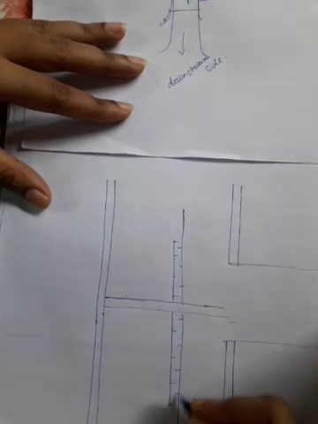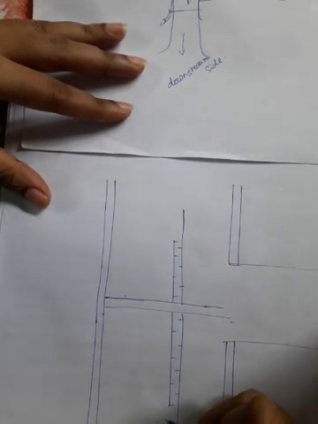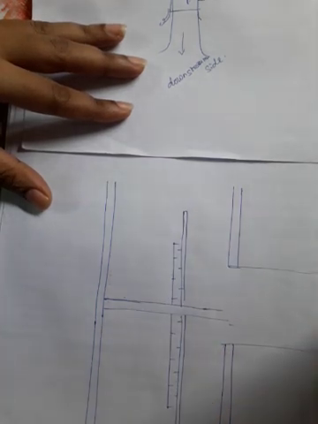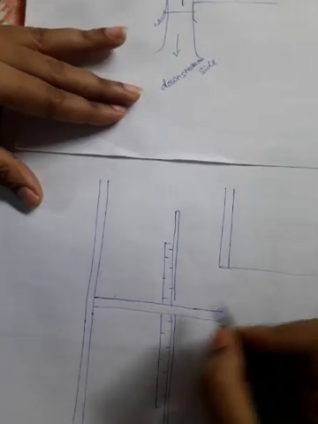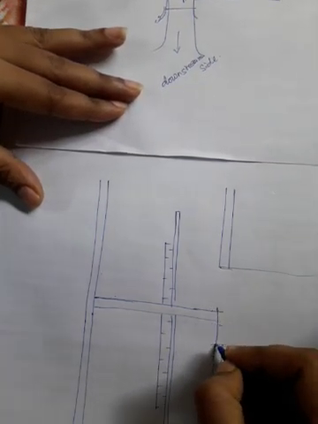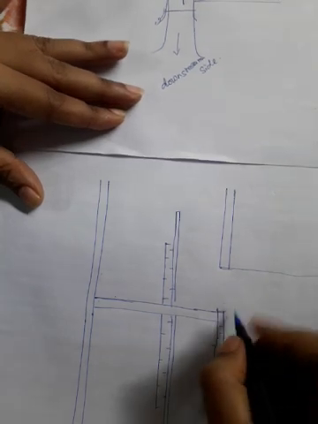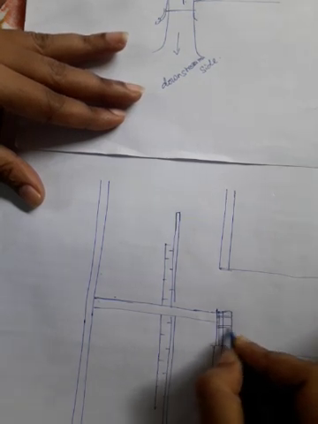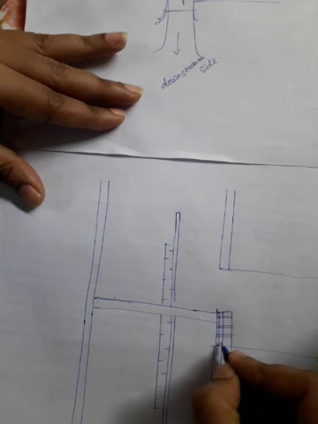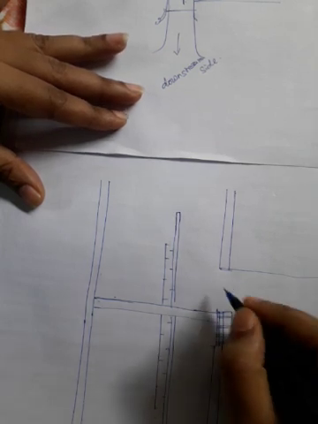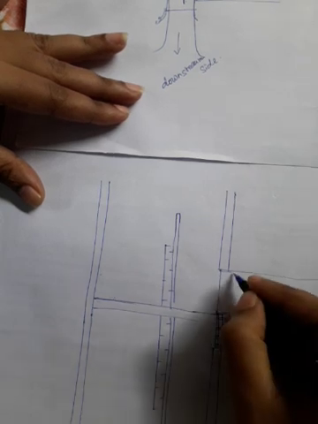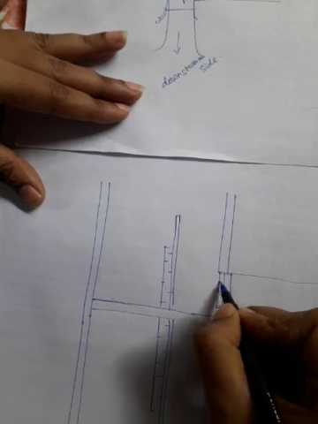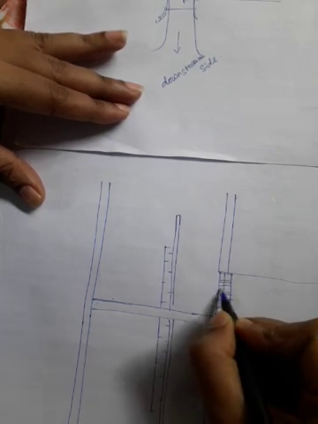So, this part is the fish ladder. This is the divide wall, and in this portion this is the canal head regulator.